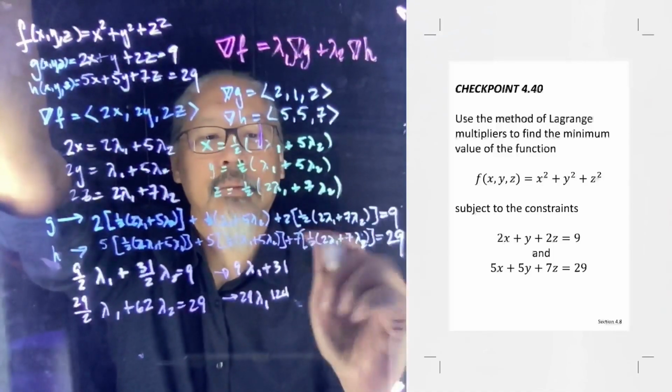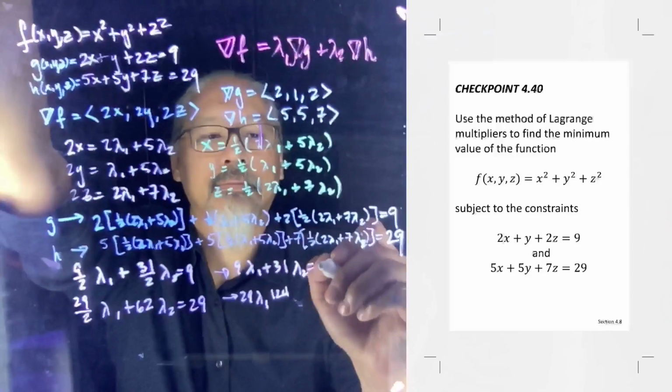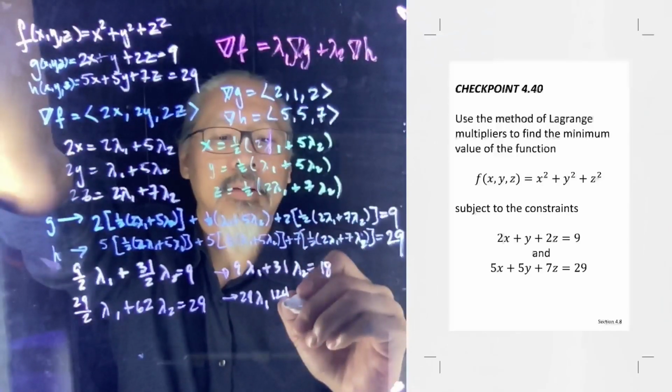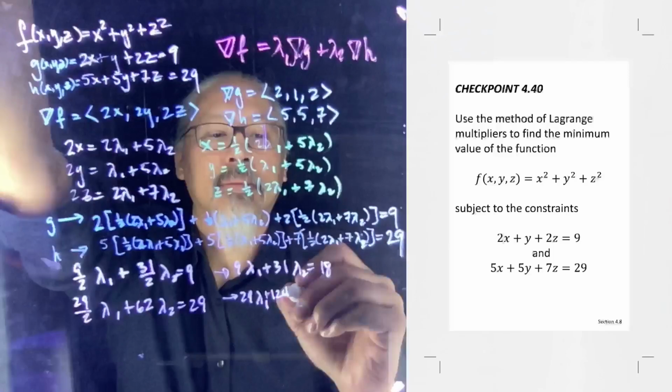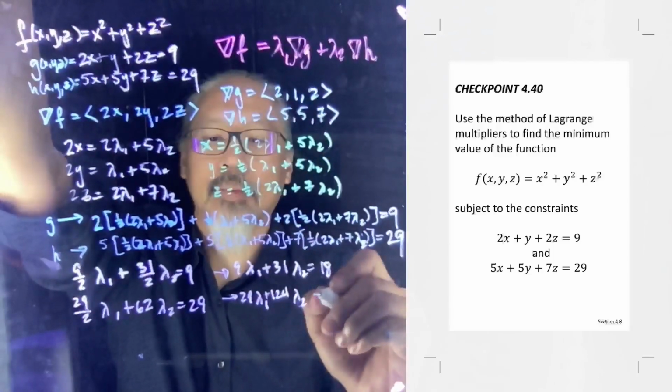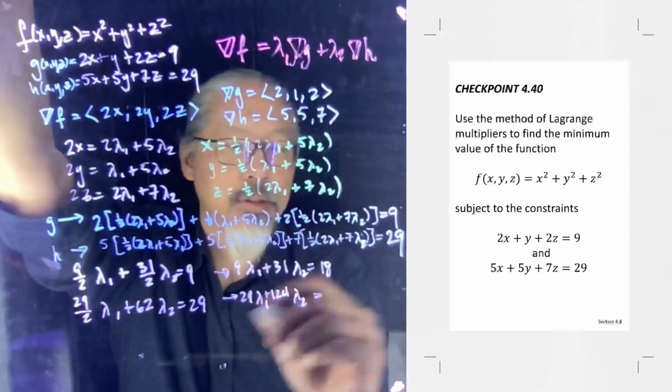Oops, there should be a lambda 2 here. So that's 124 lambda 2, and 29 times 2 is 58.